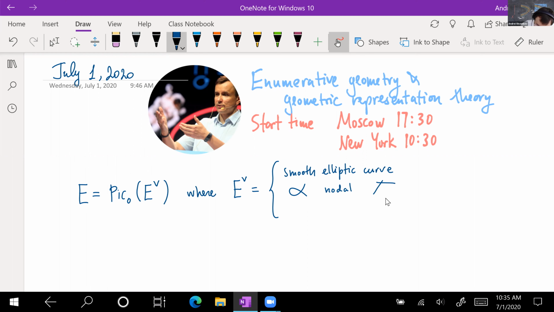Nodal could also have many components, or can have a cusp. And in which case E will correspondingly look like a smooth elliptic curve.